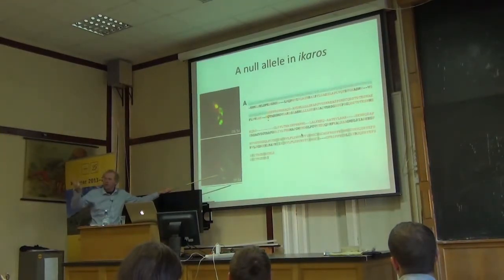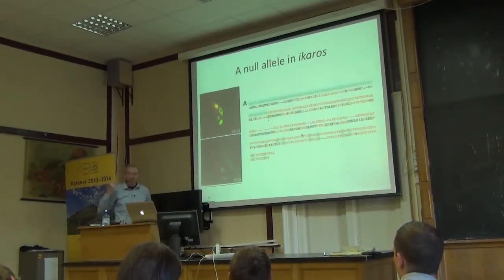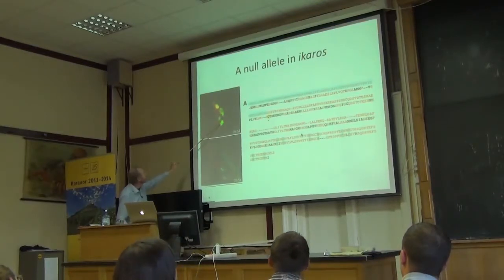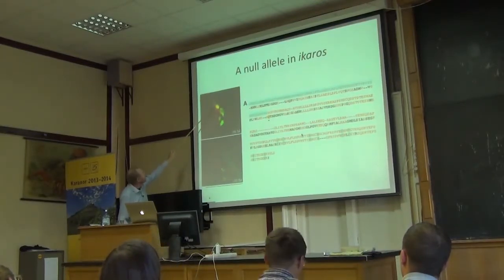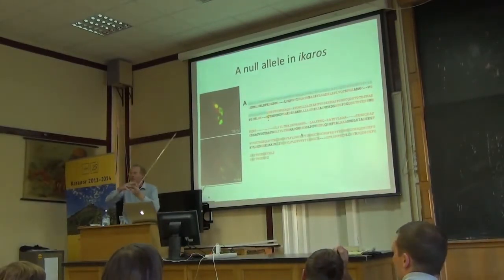The lymphocyte precursors, they smell, as it were, that there is something where they should go, because T cells, as we've learned, require the thymus to develop. Here is the wild type, and you can see that this reddish signal and this green signal, now the lymphocytes are in green, the thymus is in red, and now the green cells are coming and they're collecting in the thymus. This is where they should go.